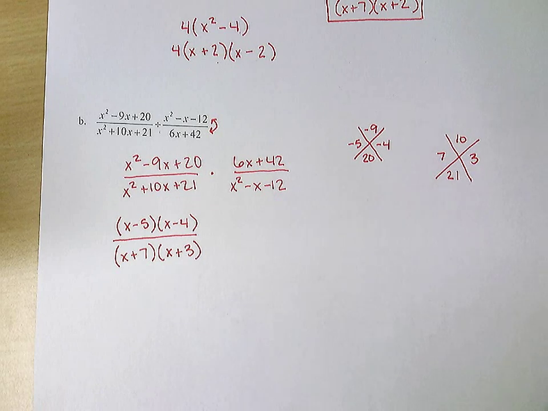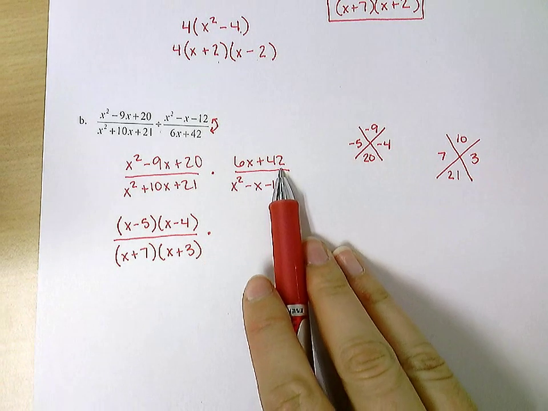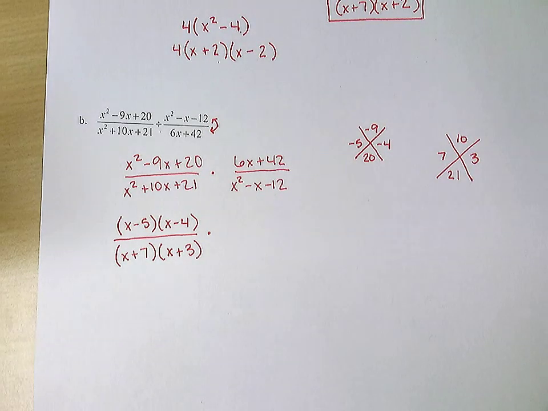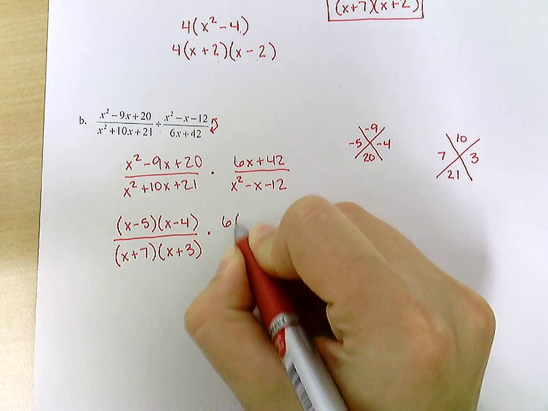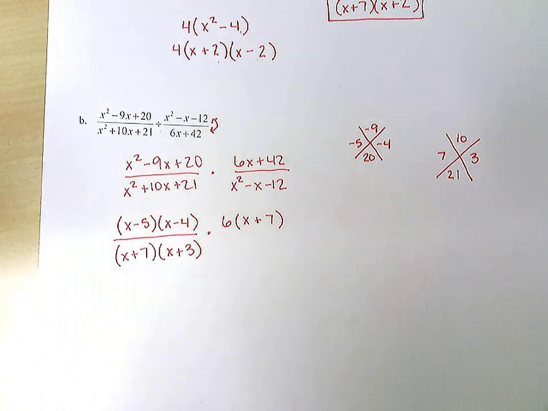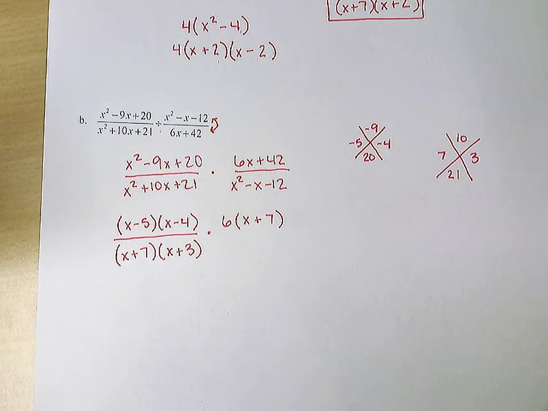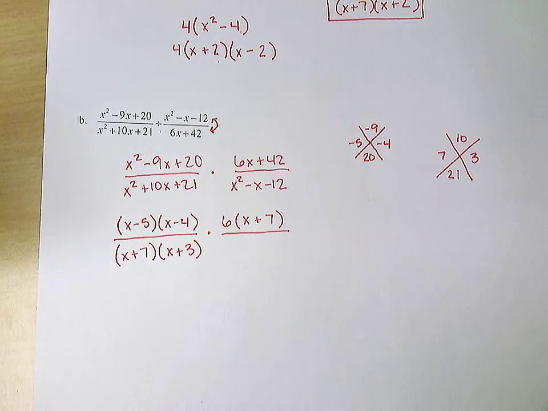Okay, next I can factor my second fraction. So this one only has 2 terms, so I always see if I can factor anything out from both of those terms. Both of those have a 6, so I can factor out a 6. And I'm left with x plus 7. Okay, that's over.